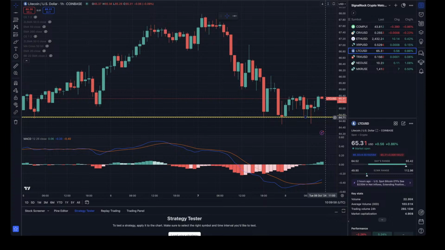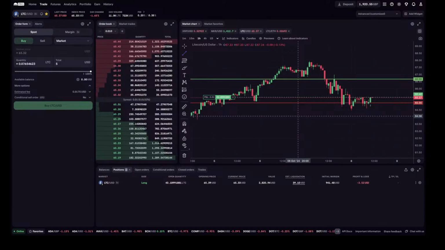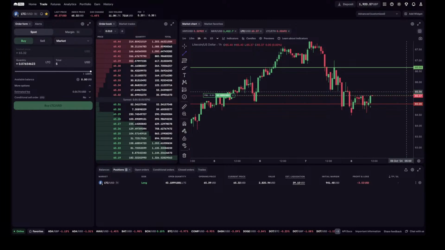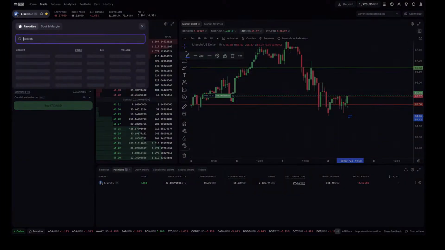Just bouncing off that level. This is the one I really want to keep an eye on because it's a leverage trade. I'm trading Litecoin against the dollar, you see.